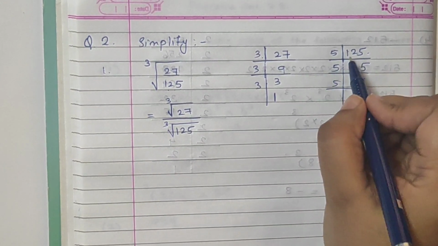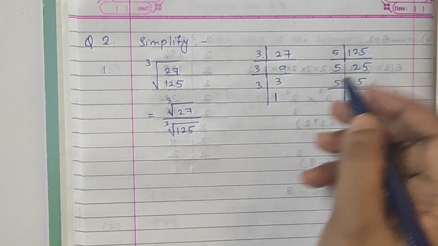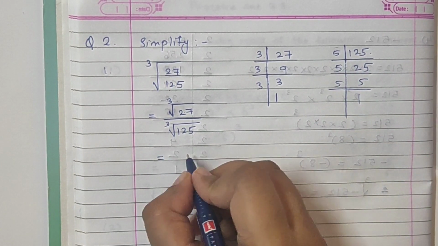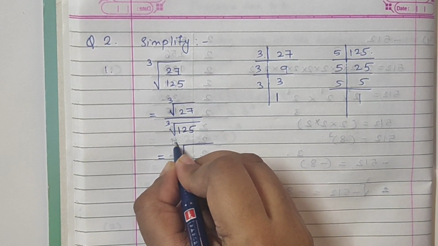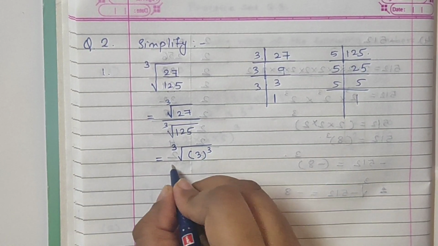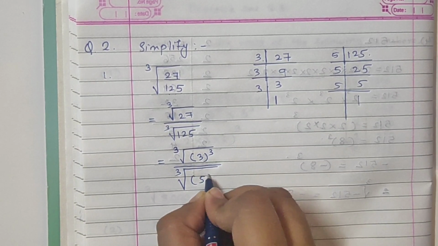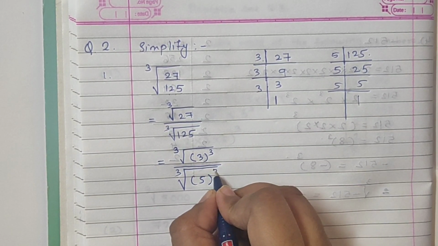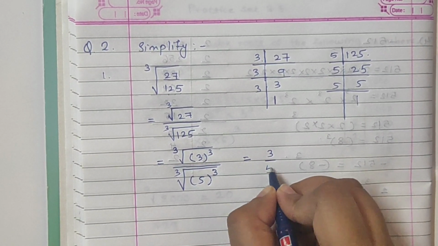So 125 is the cube of 5. You will write here cube root of 3 raised to power 3 upon cube root of 5 raised to power 3, which is equal to 3 upon 5.